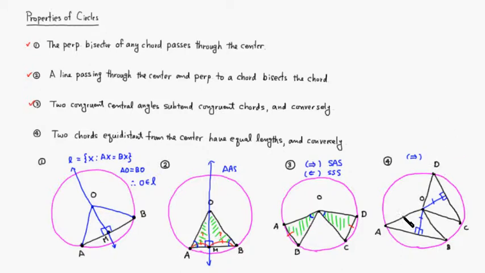We know that they're all radii, so they're the same length. And these two are right isosceles triangles, so we know that these are all congruent here and there.